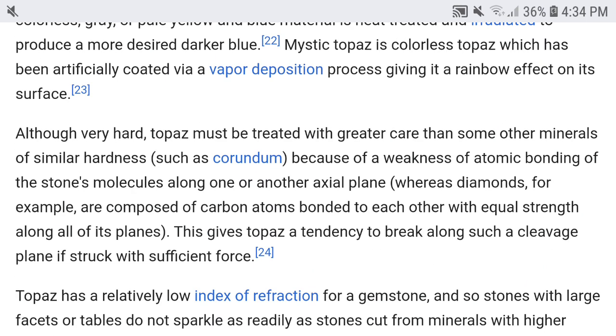Although very hard, topaz must be treated with greater care than some other minerals of similar hardness because of weakness of atomic bonding of the stone's molecules along one or another axial plane. Whereas diamonds, for example, are composed of carbon atoms bonded to each other with equal strength along all of its planes. Ah, I see.